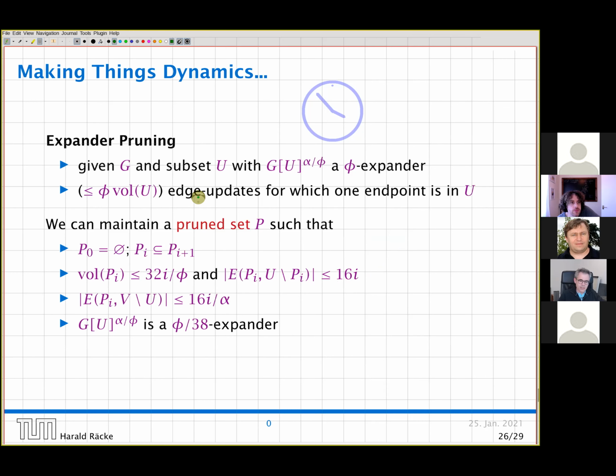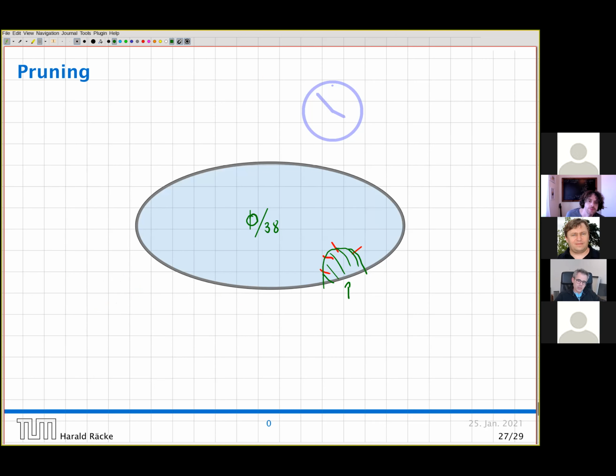Here we had to adapt it to our setting, and in particular this was a little bit difficult to adapt, but I cannot go into detail where the difficulties lie. But then what do we do for maintaining this whole thing?